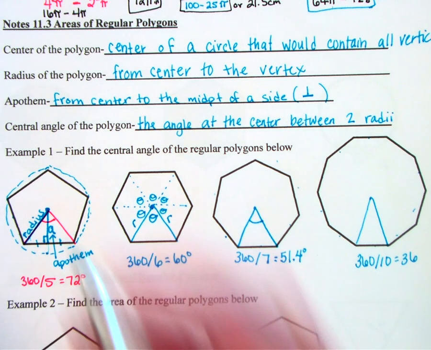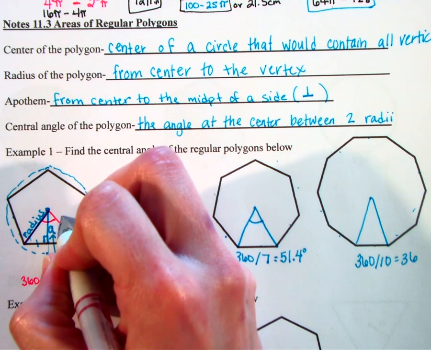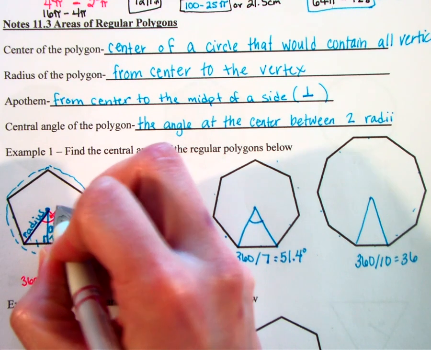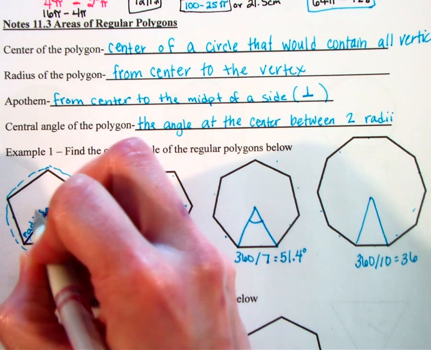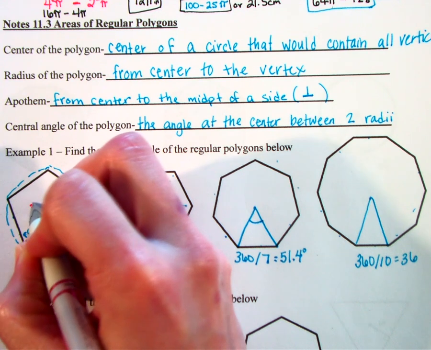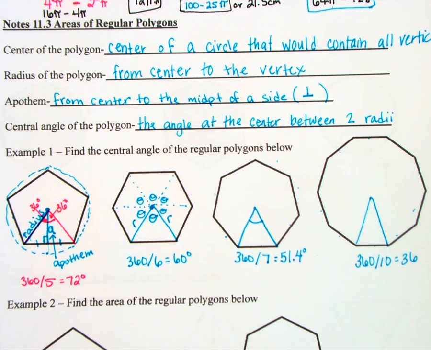So 72 divided by 2 means that this angle would be 36 degrees, and this angle here would also be 36 degrees. Okay, so we'll keep that in mind as we find the area, because we're really just dealing with this little triangle in here. And then we'll use that to find the whole area.